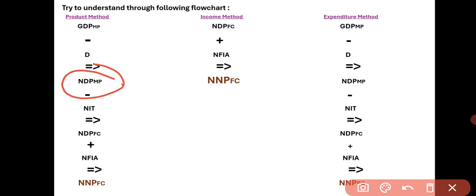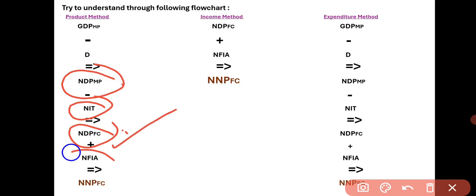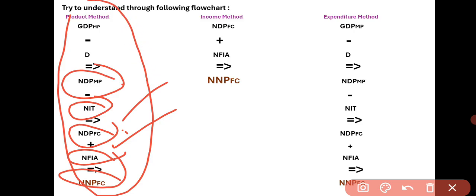And after deducting NIT from NDP MP, we are getting NDP FC. Then after adding NFIA to NDP FC, we are getting NNP FC. You remember in this way, this is the method of measurement of national income in the production method, right?